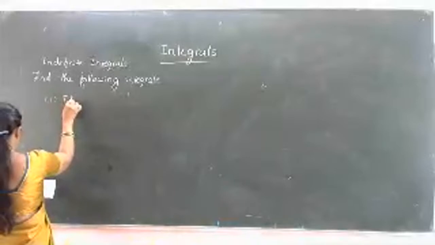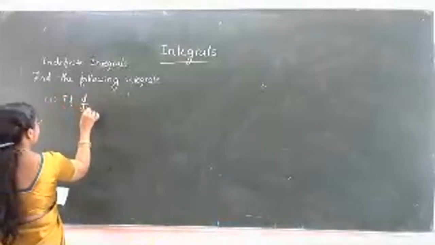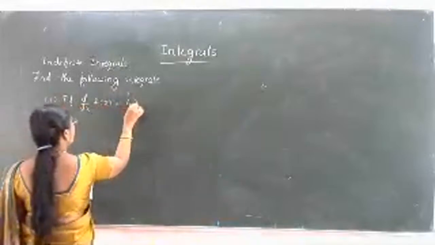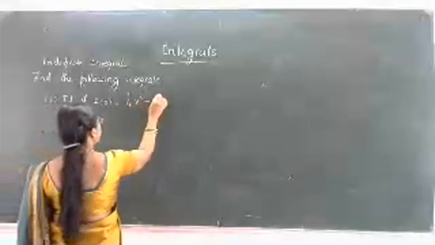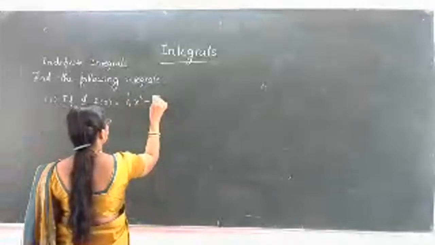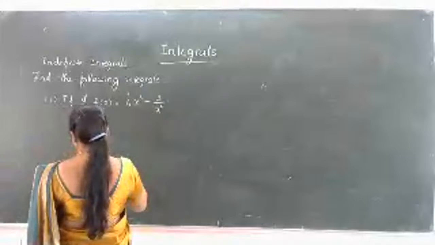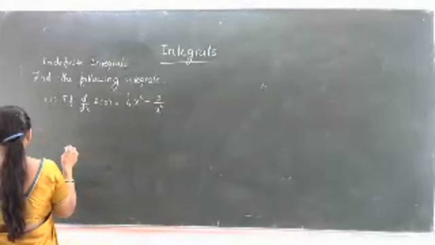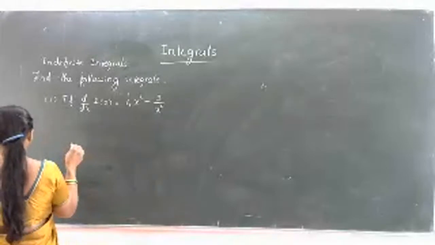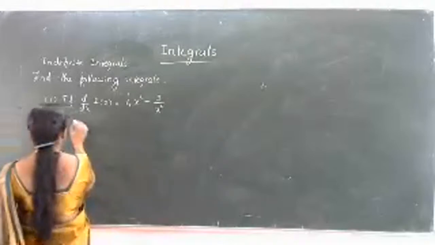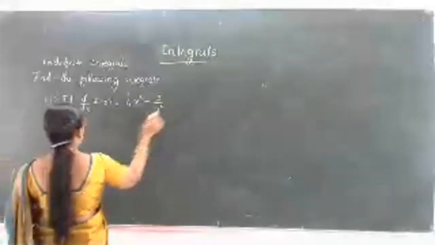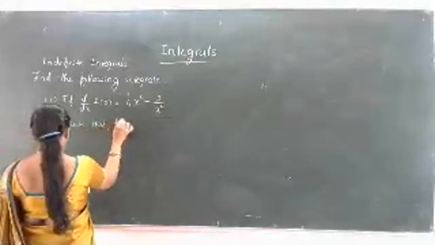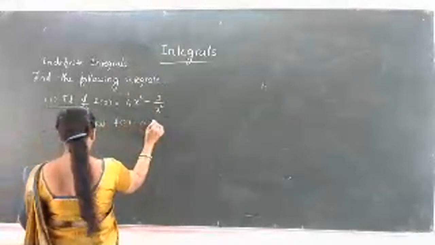If d by dx of f of x is equal to 4x cube minus 3 by x to the power 4, find f of x such that f of 2 is equal to 0.